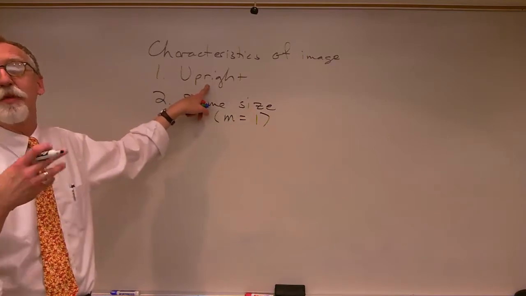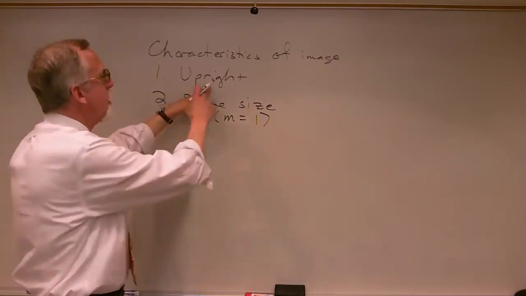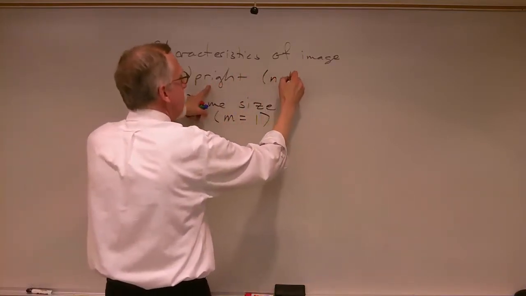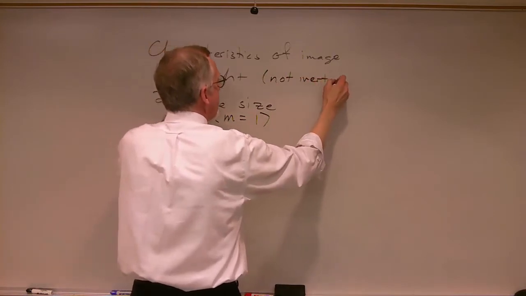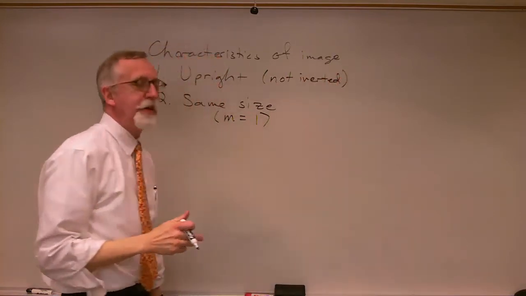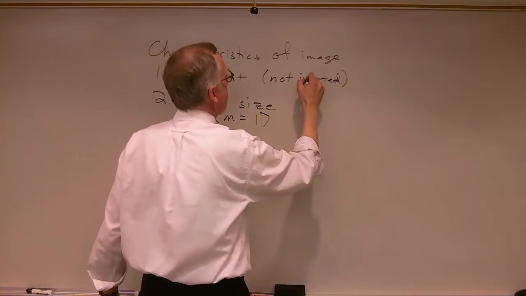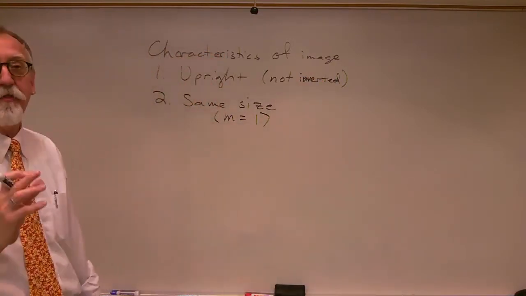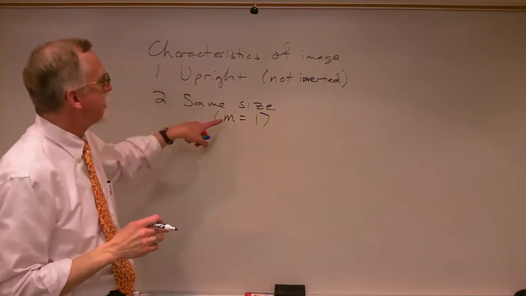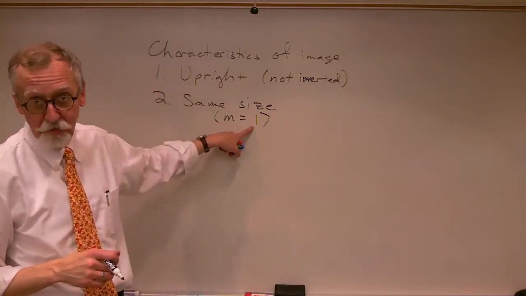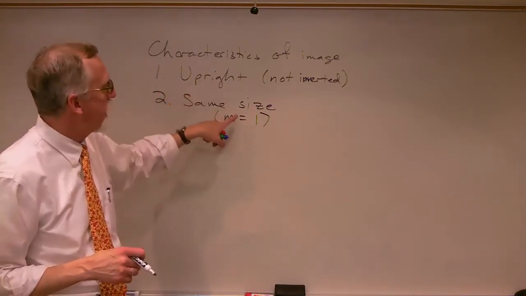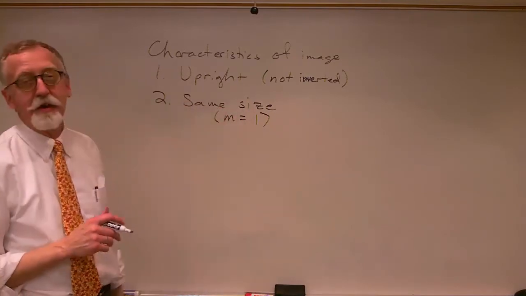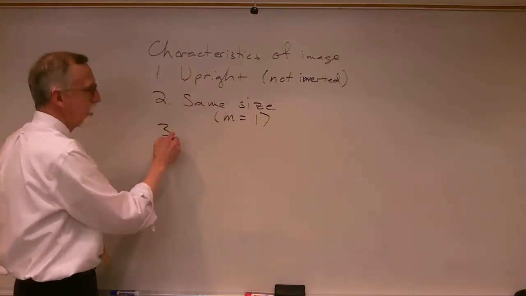If we had something that was the other way around, we would say inverted. If the image were inverted, we would say the magnification was negative. But in this case, it's upright and same size, so the magnification is plus 1.